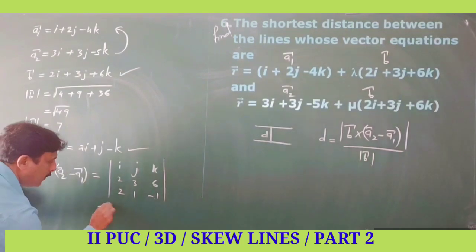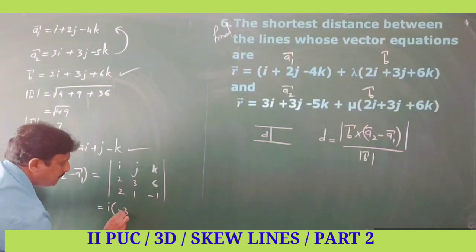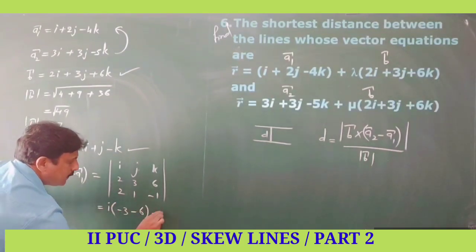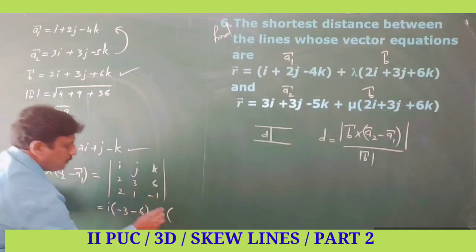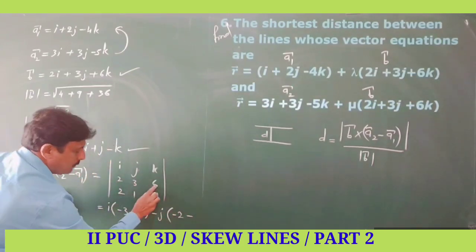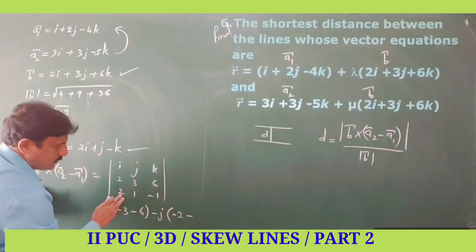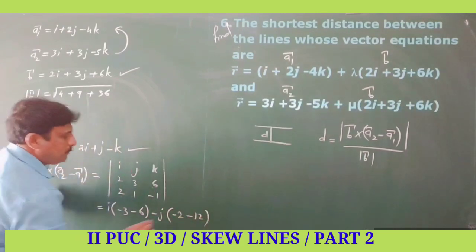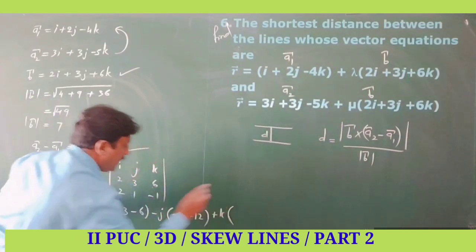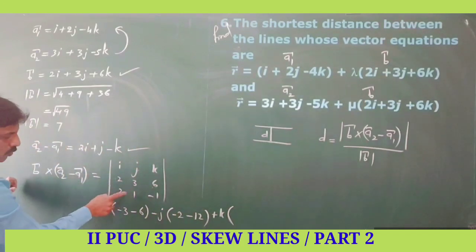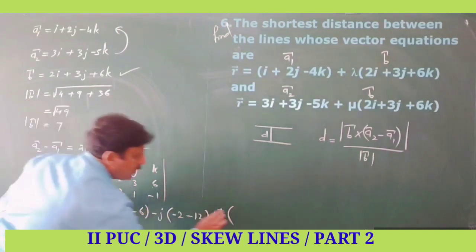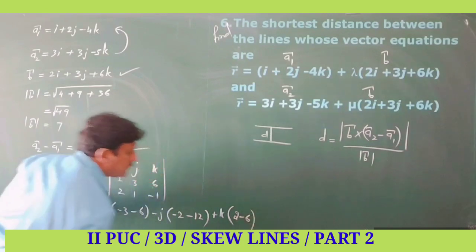Expansion: i into minus 3 minus 6, minus j into minus 2 minus 12, plus k into 2 minus 6.